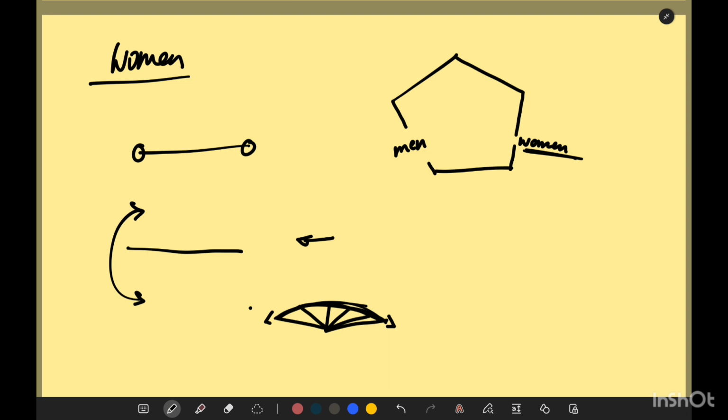Yeah, so that was a chapter on women, and another interesting thing about this book is that it's not like a linear story.